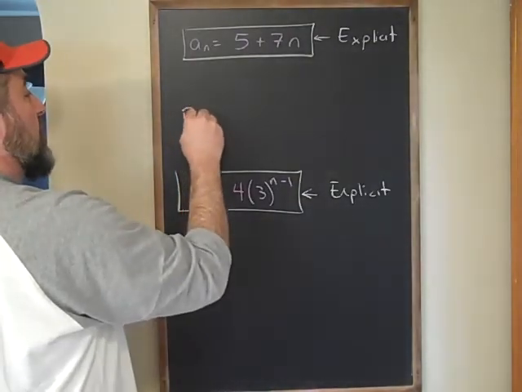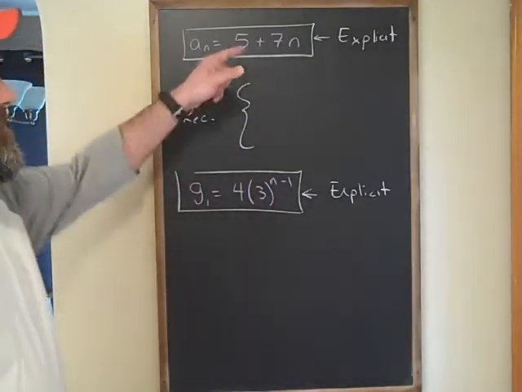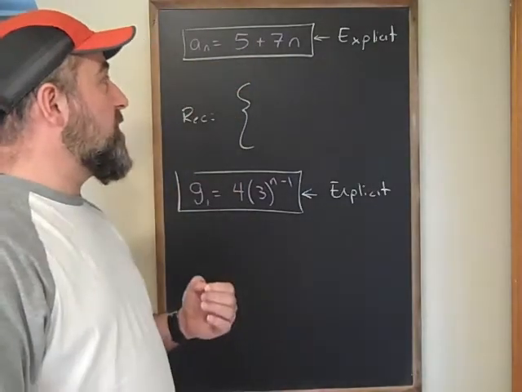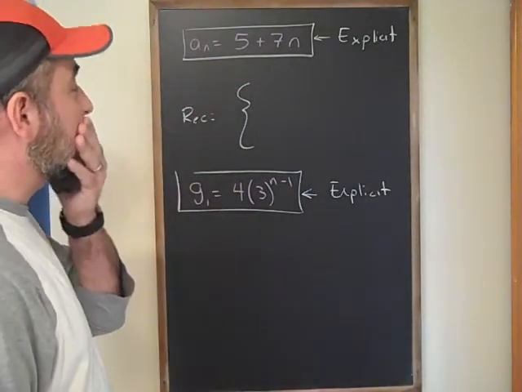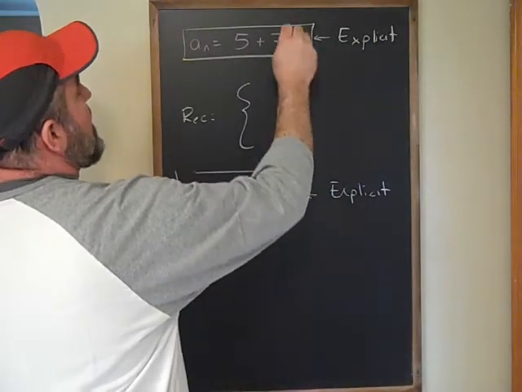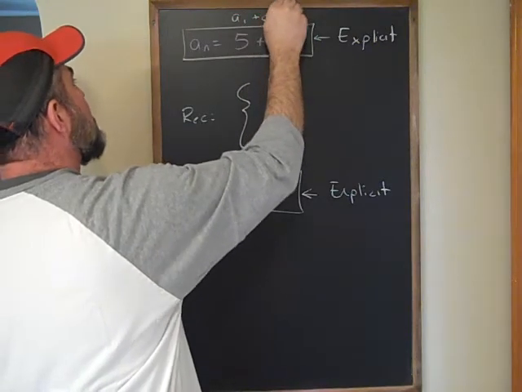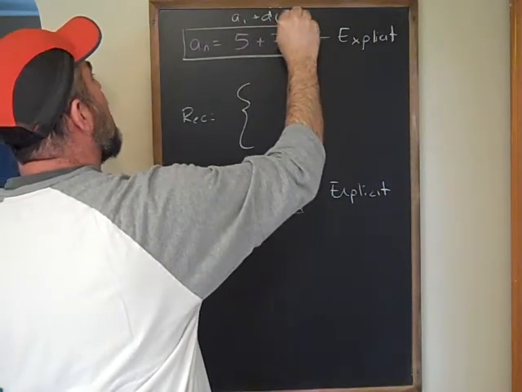So, recursive formula, what is it? Well, this one looks a little bit different than that last example, number 6, that we saw. And what's different about it is, in the previous example, we saw something like the first term plus a difference times n minus 1.